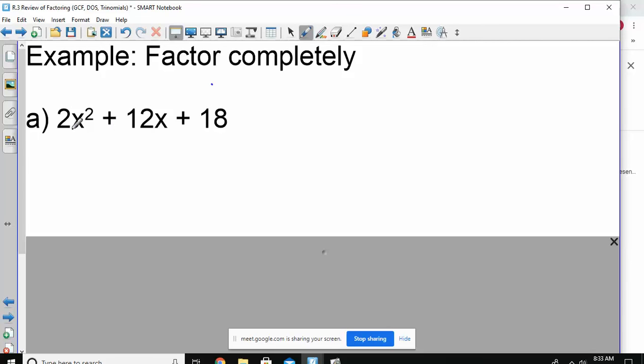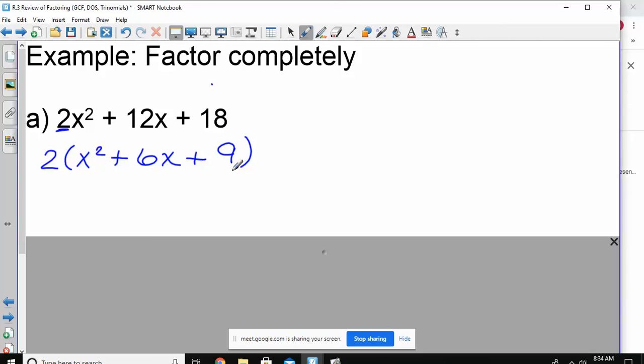We have a 2 there instead of our 1. Okay, first step to factoring is always look for greatest common factor. Can I pull something out of all those? They don't all have an x, but we have 2, 12, and 18, so we could take out the 2. 12 divided by 2 is 6. 18 divided by 2 is 9.